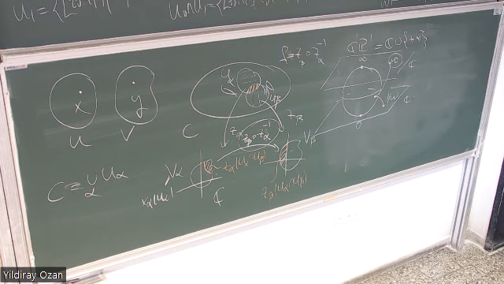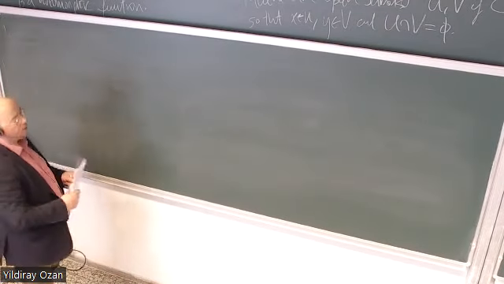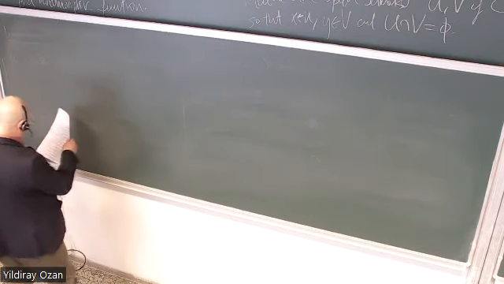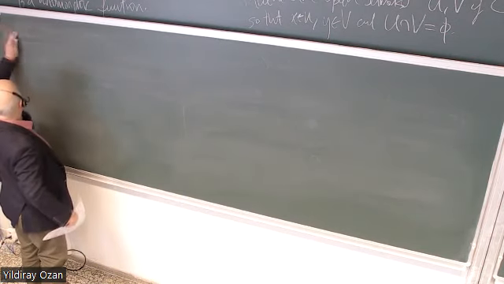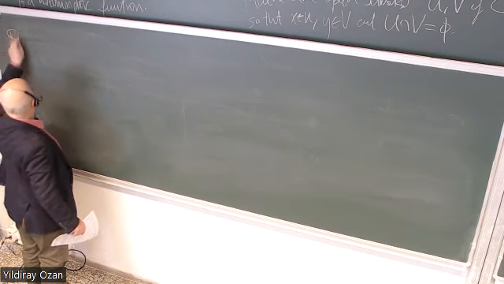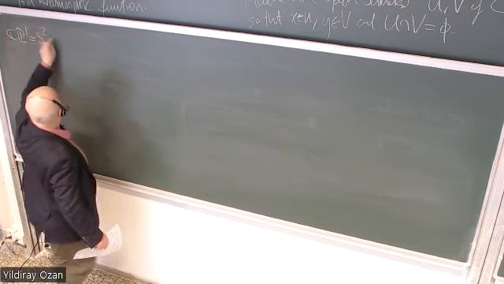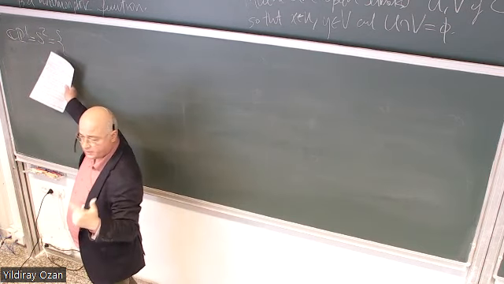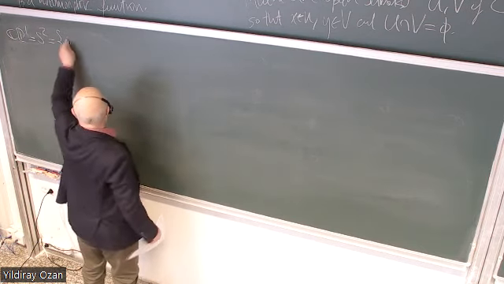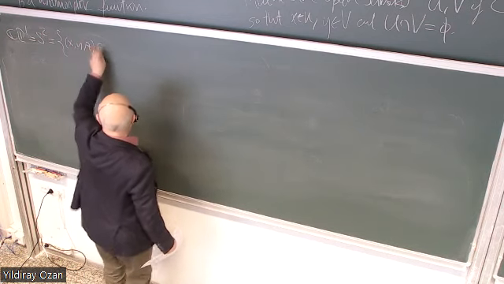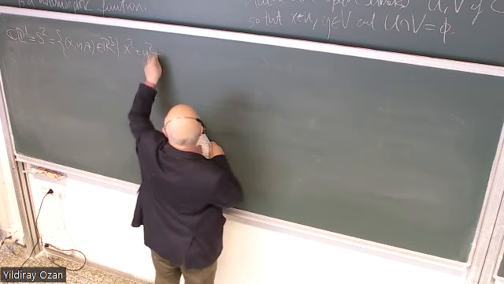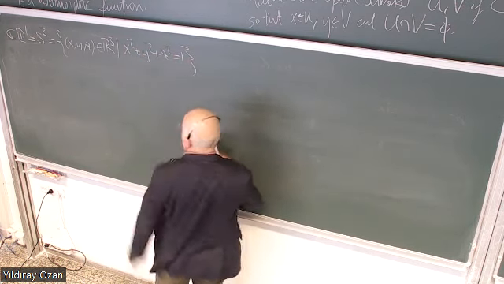We can do it differently too, with another coordinate. So we may put different coordinate systems on S2. We know that CP1 is just S2. And I may regard this as a subset of R3, right? (x, y, z) in R3, so that x squared plus y squared plus z squared is equal to 1.